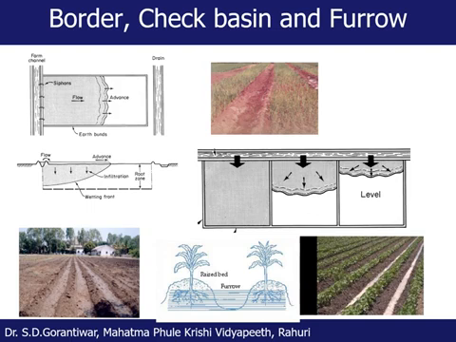In this case, dimensions means the width of the furrow, and also the longitudinal slope of the furrow and length of the furrow. Water is applied into the furrows, and the plants are raised on the ridges or at the side of the ridges. And while water moves in the furrows, this water will seep towards the ridges, and also infiltrate into the soil root zone as shown in the figure.